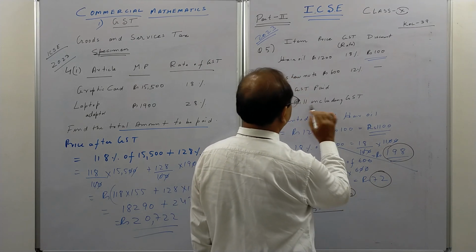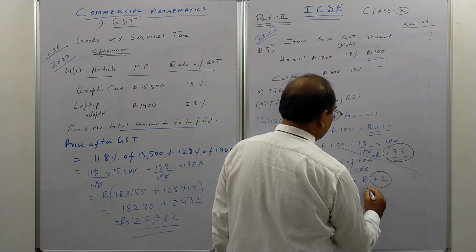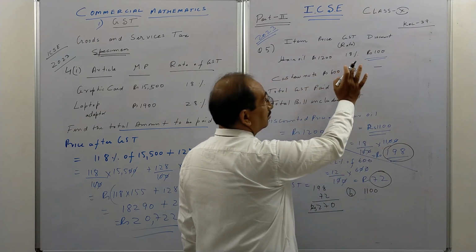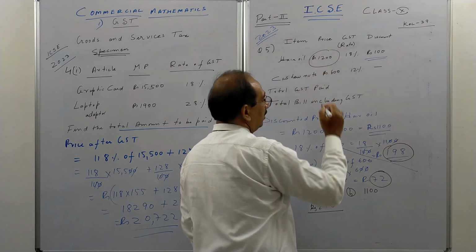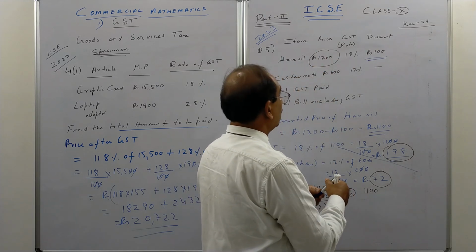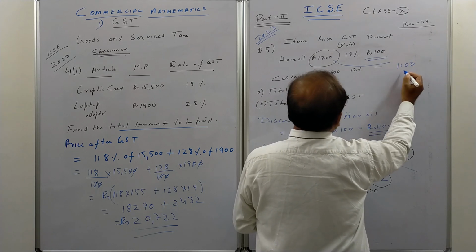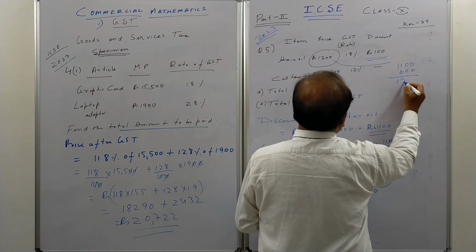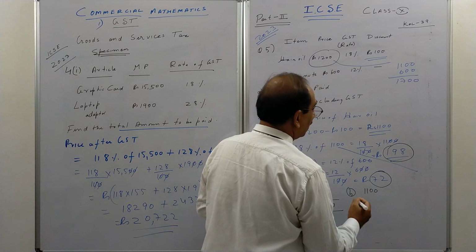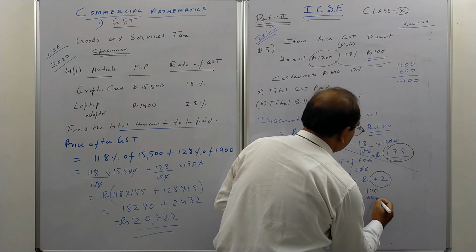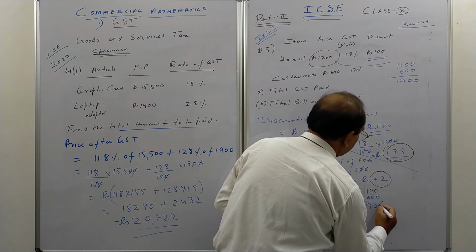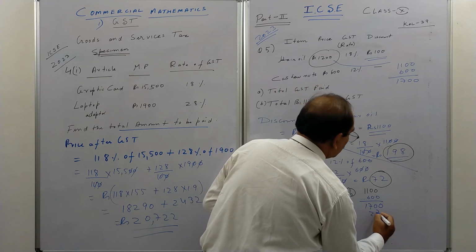Second part, children, total bill means 1100 plus, so this becomes 1100, children. Okay, after discount this becomes 1100 plus 600, so we get 1700. Then we add 270.